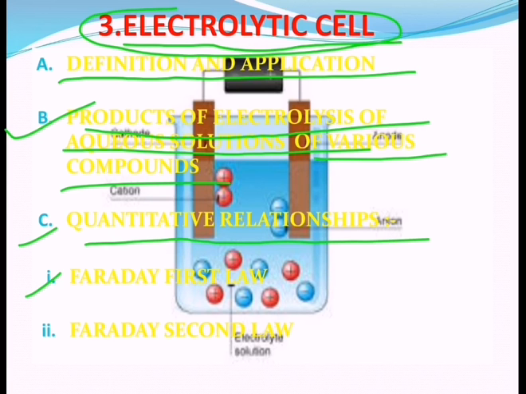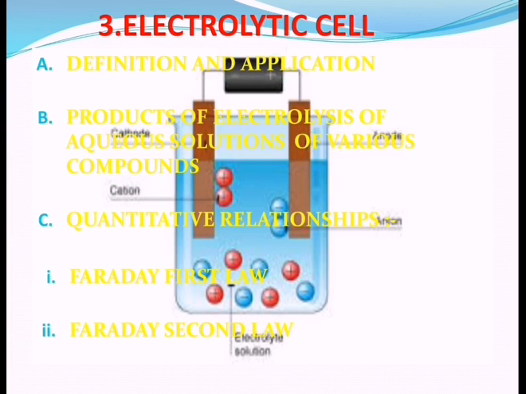Here we study Faraday's first law and Faraday's second law. Students, this topic appears less, but in competitions many questions are given from it. Okay, let's try to understand these topics one by one.